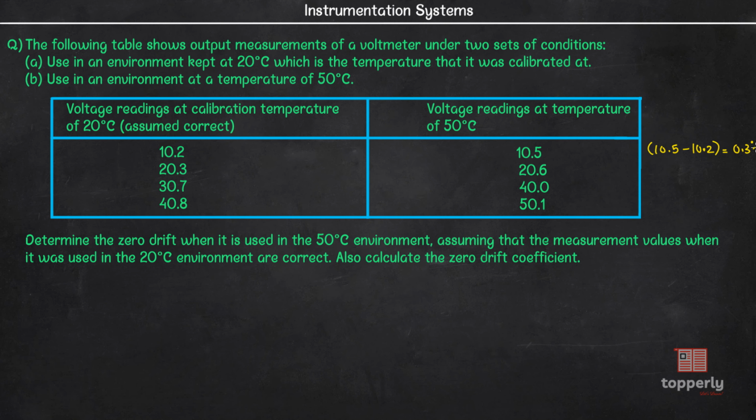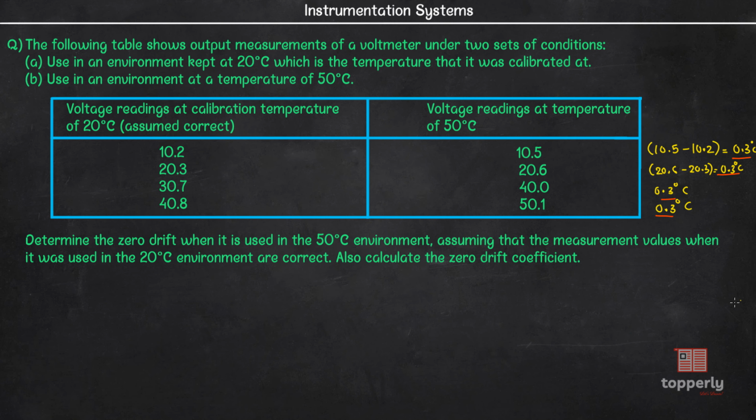In the second case, it is 20.6 minus 20.3, which is also 0.3. Similarly, in this case also 0.3 and here also 0.3. You can see that 0.3 is a constant difference between the output pairs.